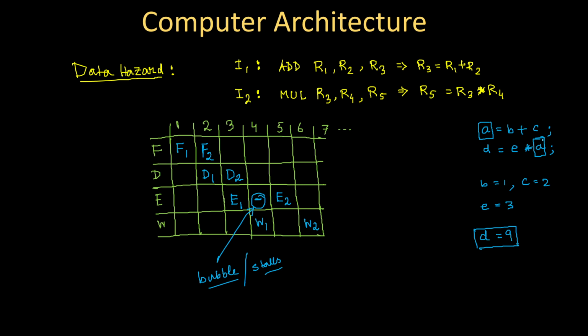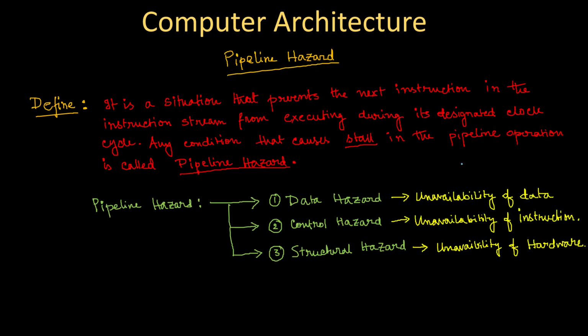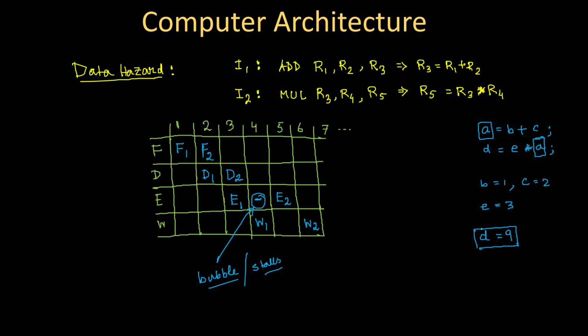Now in case of instruction hazard, in case of control hazard, what I have written is the unavailability of instruction. Now what does it mean? It means that, if you think about a function call in a program, let's take a very simple situation.